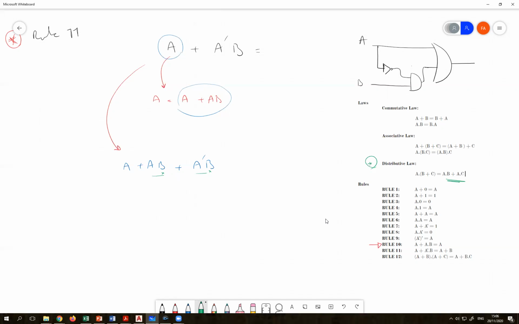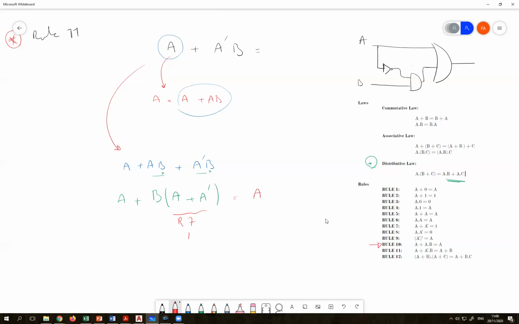What is the common factor here? It's A. Take a common factor, open the bracket. What remains from the first one is B. What remains from the second one is not B. B or not B, what rule is it? Look, if it is 1, this is 0. If it is 0, this is 1. It's an OR gate, so this is always 1. I told you in rule 7, what we get is 1.